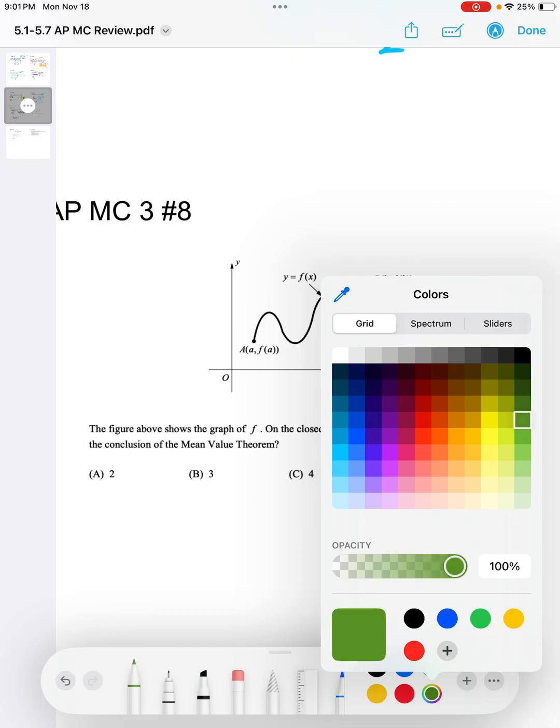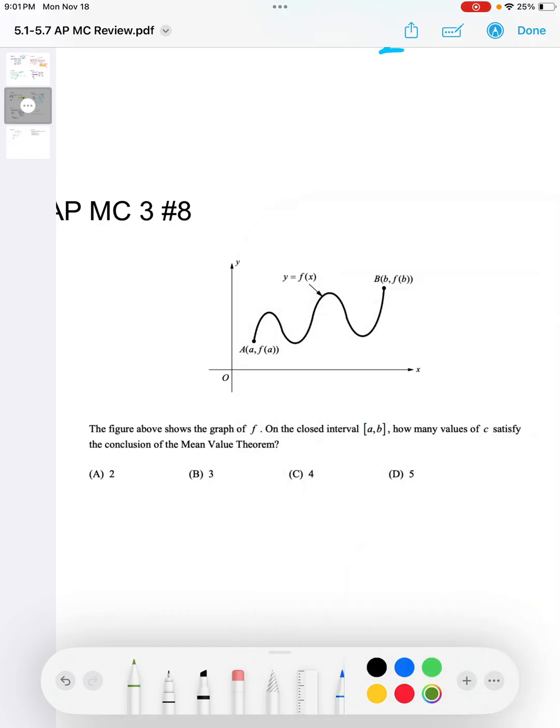All right, in this one, we are looking for when we can satisfy the conclusion of the mean value theorem. So I'm going to go right ahead and draw on the slope of my secant line. And now we're just going to look every time as we trace this, when does it have a parallel slope to the slope of the secant line?